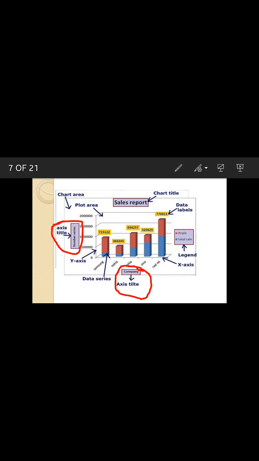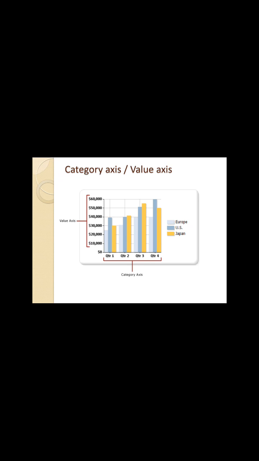axis title. Or you can say its name, category name, x-axis name or y-axis name. So this is the x-axis title, the company is written here, and this is the y-axis title.